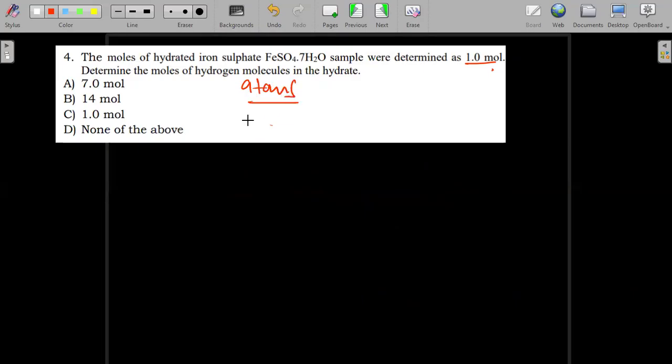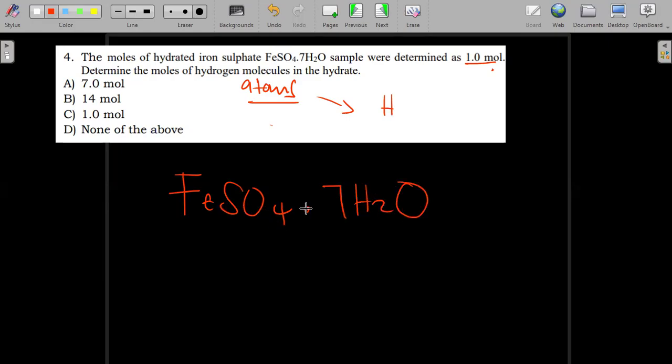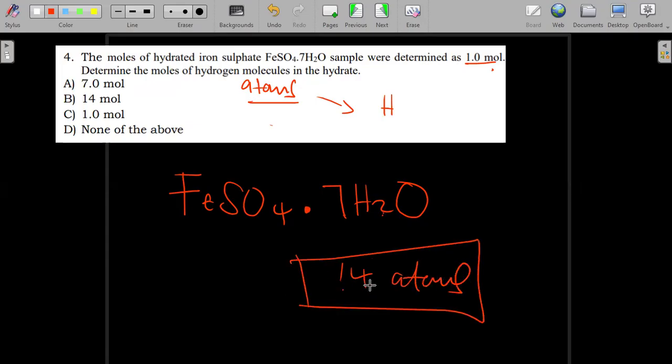A hydrogen atom is represented as just H. So in this 1 mole of hydrated iron sulfate like this, how many atoms of hydrogen can you see? 14. 14, exactly. So you just multiply 7 by these 2. You are going to get 14 atoms. So that's one of the questions that can come.